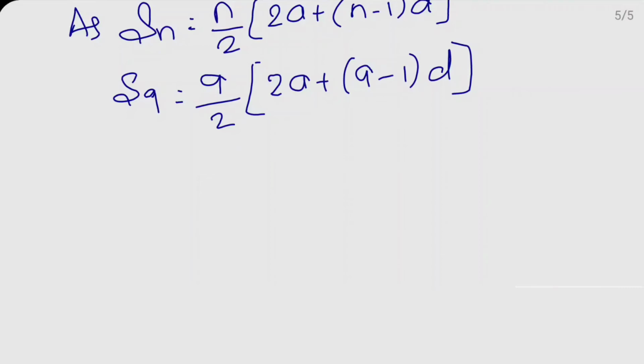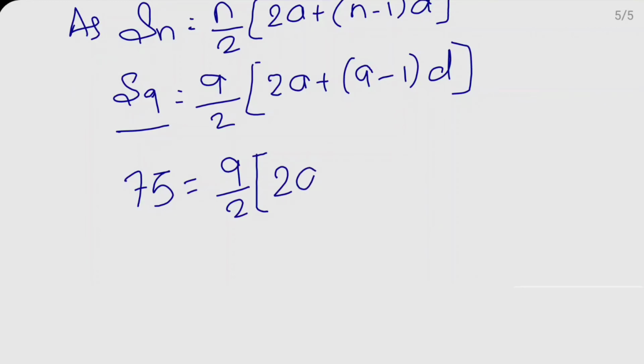So now the S9 value they have given, that is 75, and this equals 9 by 2 into 2a plus 9 minus 1 is 8, and d is 5, they have given, right?